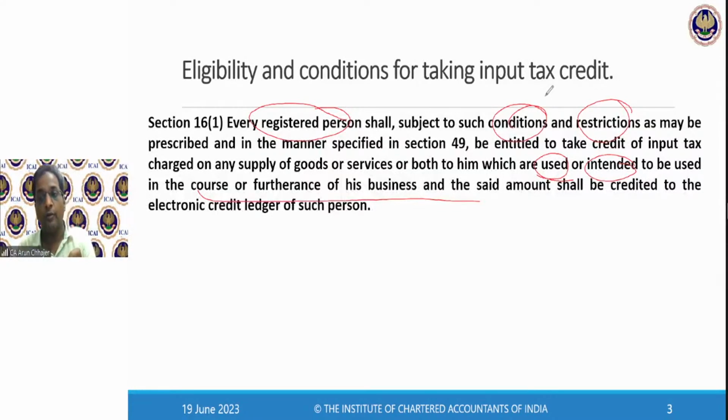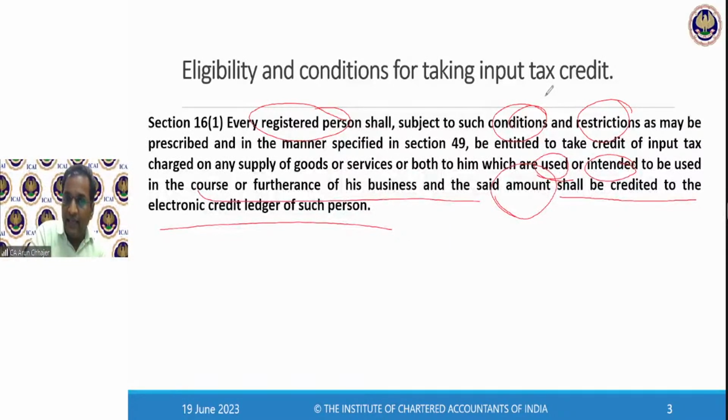Section 16 subsection 1 talks about the particular goods or services must be used for the purpose of business. Otherwise, you won't be able to take the input tax credit. And the said amount shall be credited to the electronic credit ledger of that person. How will it be credited to the electronic credit ledger?